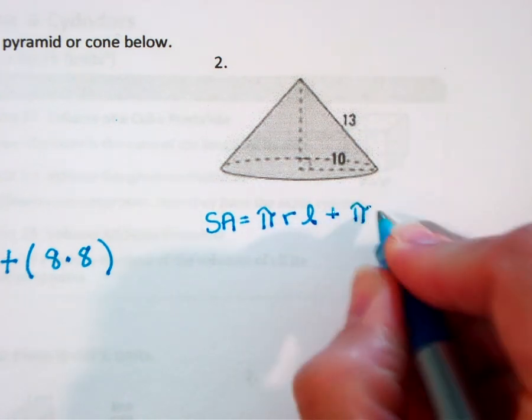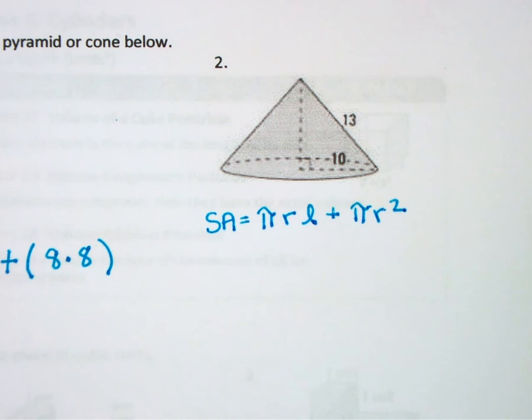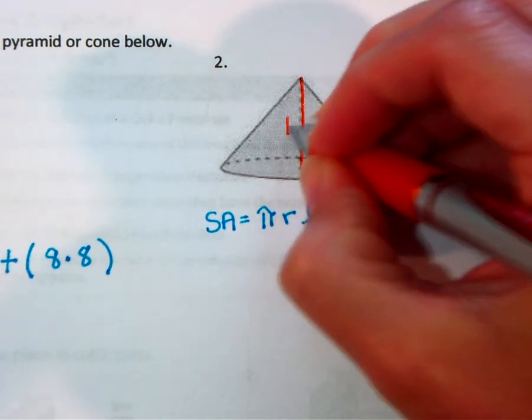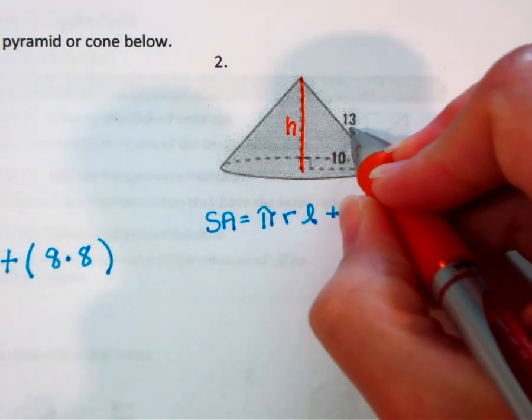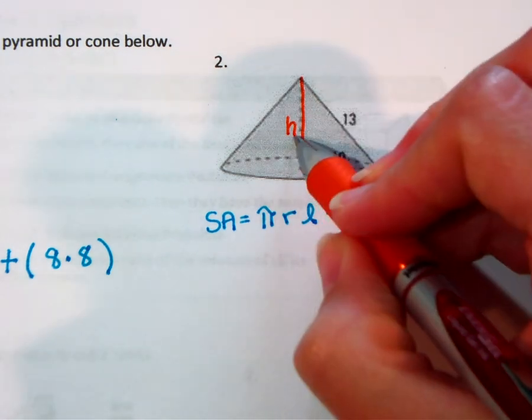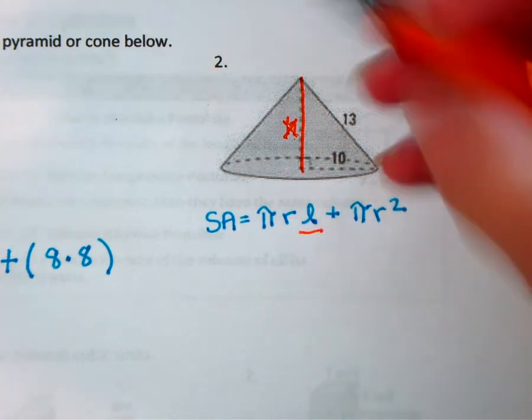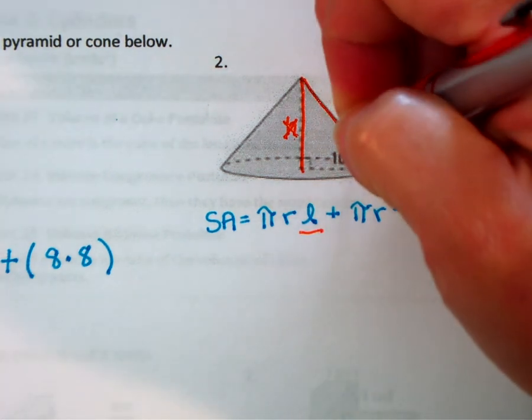Plus pi r squared. Now let's just take a second to talk about if I was given this number here for height, and I was trying to find slant height. If you're given the height, you will not be using that number in the problem here. The slant height is this number.